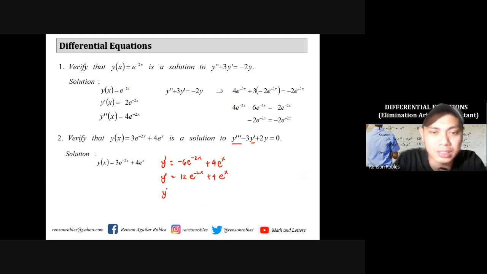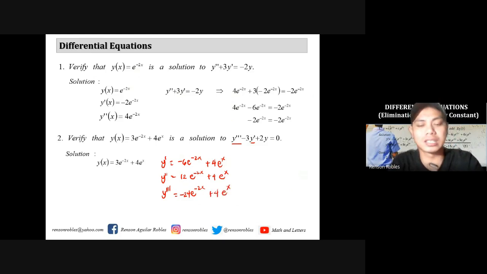For the third time, y triple prime: you copy e to the negative 2x, differentiate negative 2x, that's negative 2 again, times 12, which leads to negative 24. Then again copy 4, and copy e to the x since its derivative is still itself.